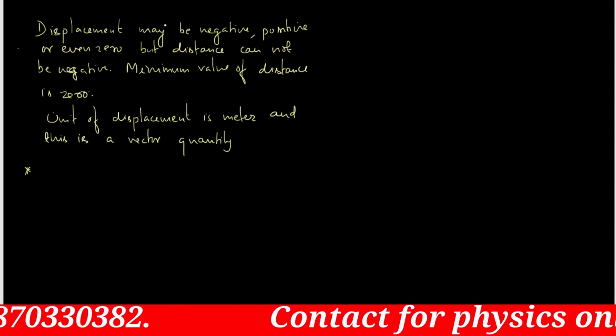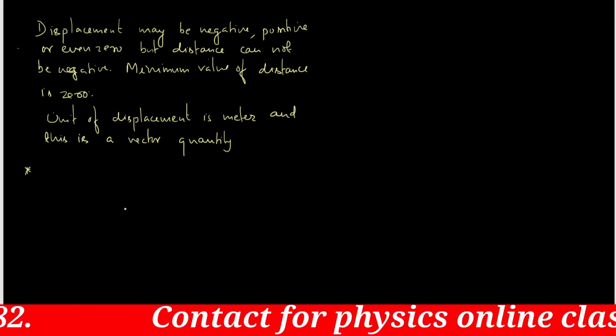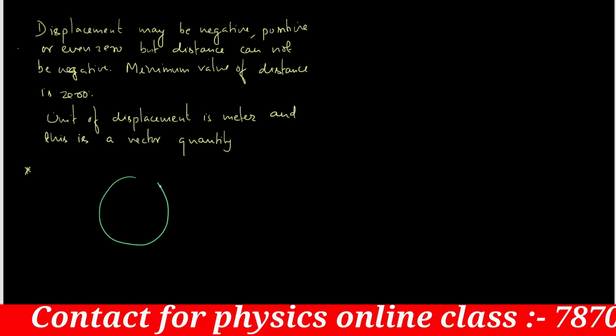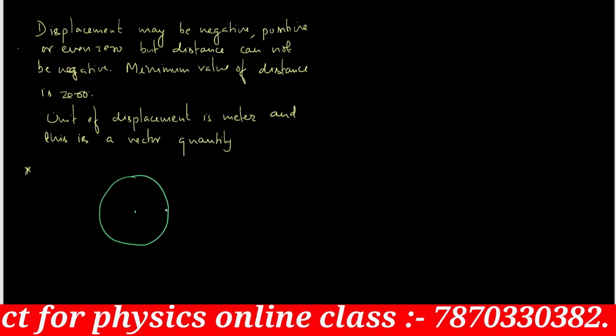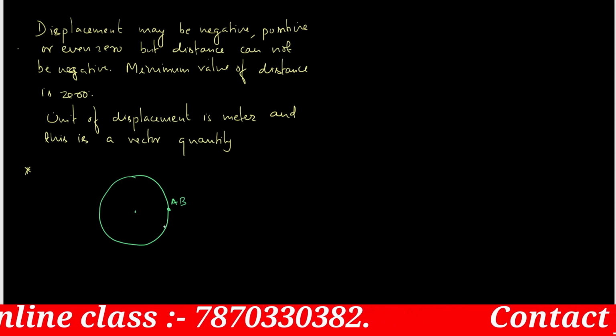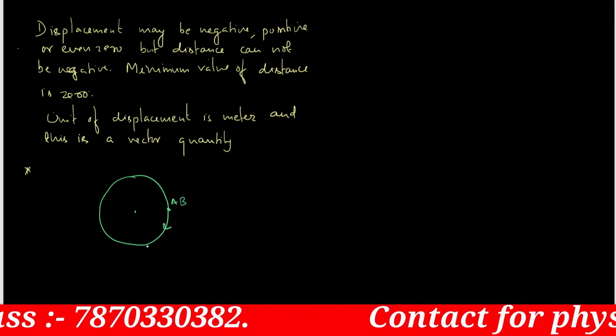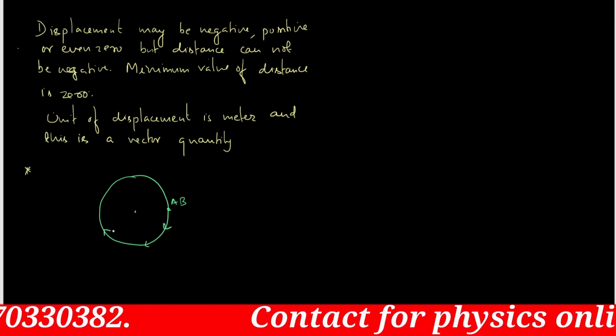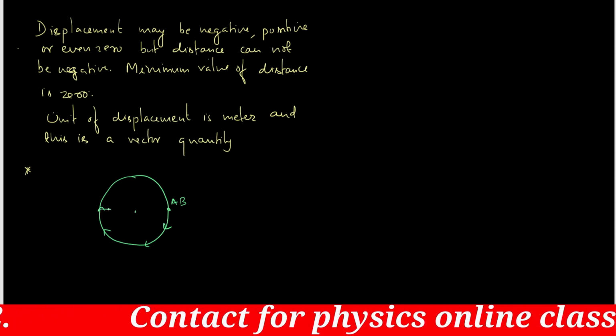I have an example. Suppose this is a circle, and there are two persons, A and B. One follows a path like this, this, this, and again this.